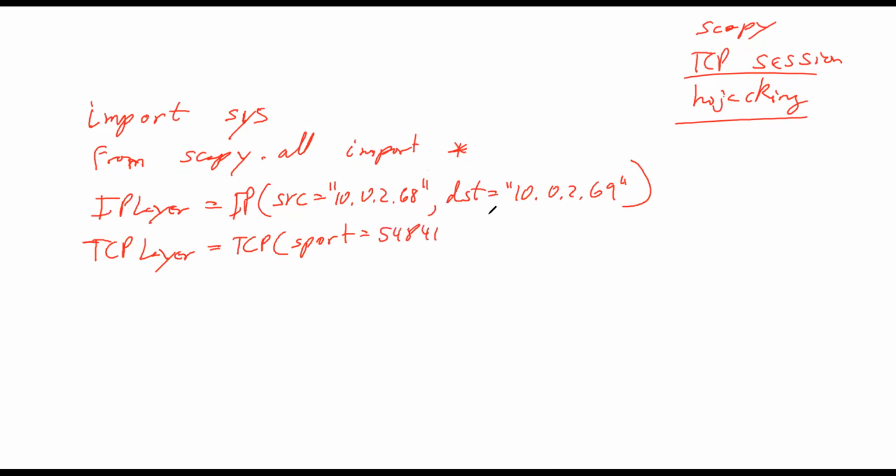Right, 54841. And then the destination port, obviously that won't change either. That's 23, right? Because this is a telnet problem. All right, and then the flag here, for adding, it's A. Okay, so that sets the flag. So flags equal A, comma.